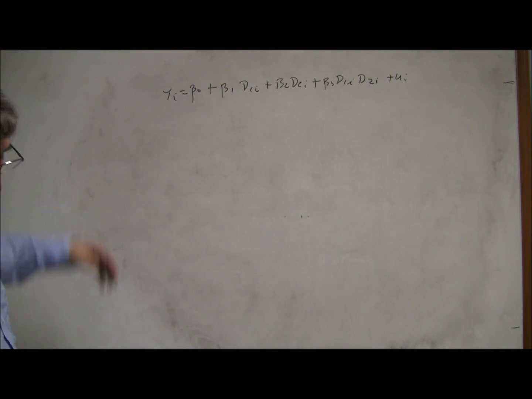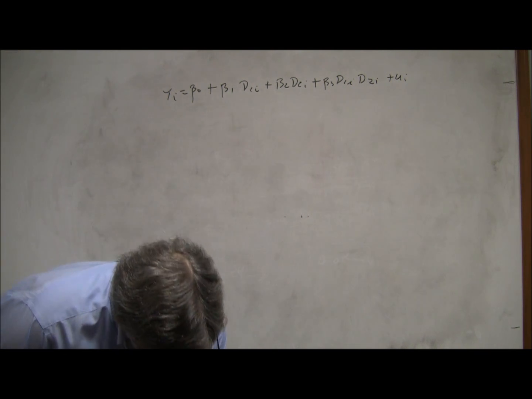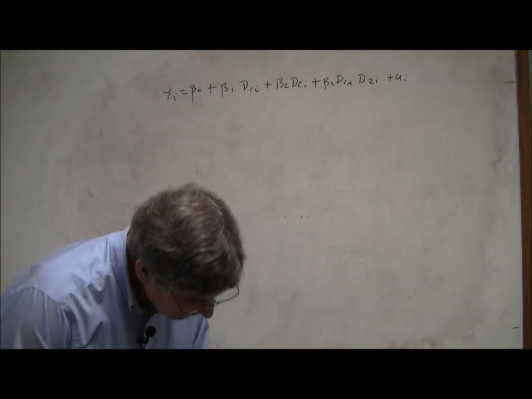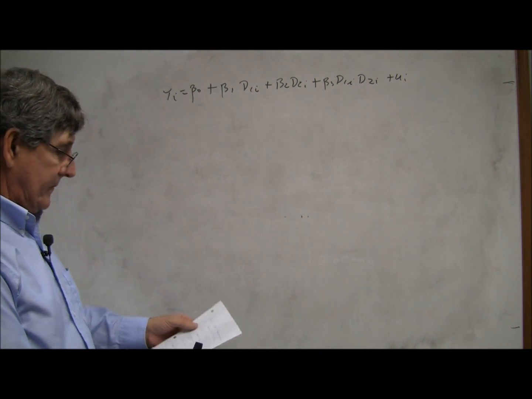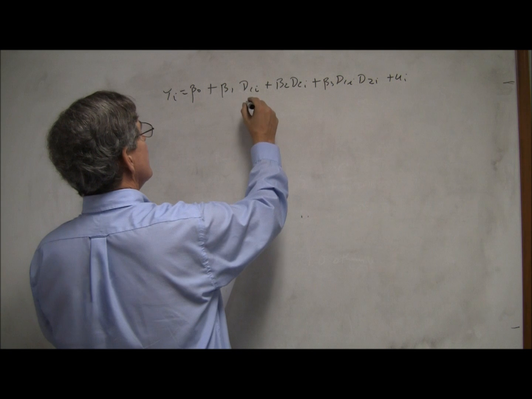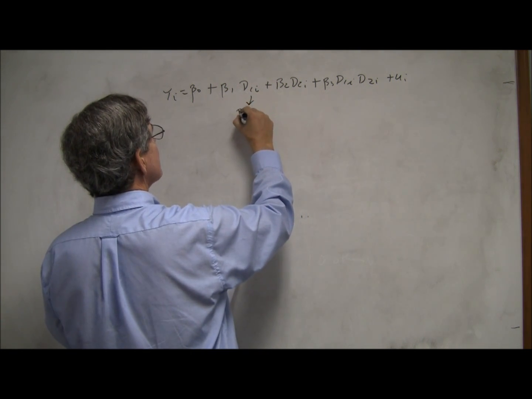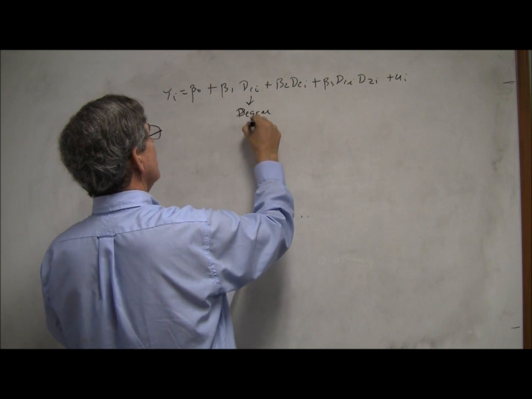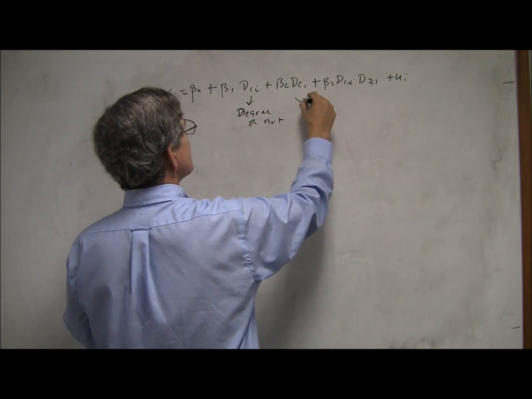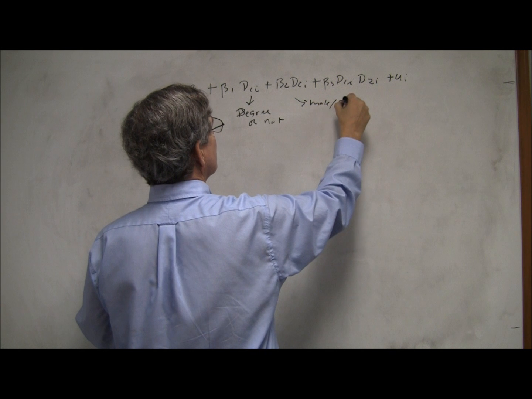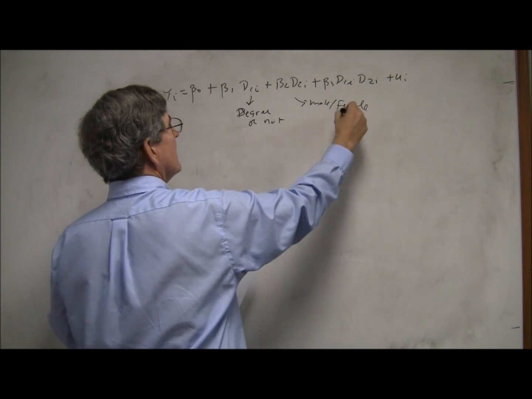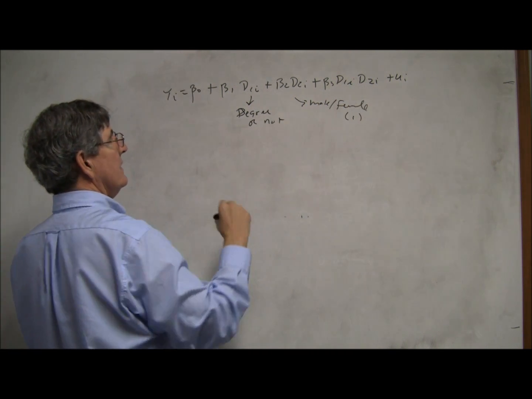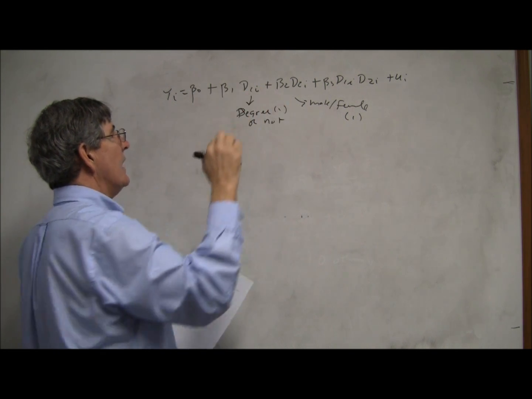I thought I might have written it above the camera range, but fortunately we didn't. So this is degree or not. Degree or not. And this is the male, female. It's 1 if you're a female, and it's 1 here if you have a degree.